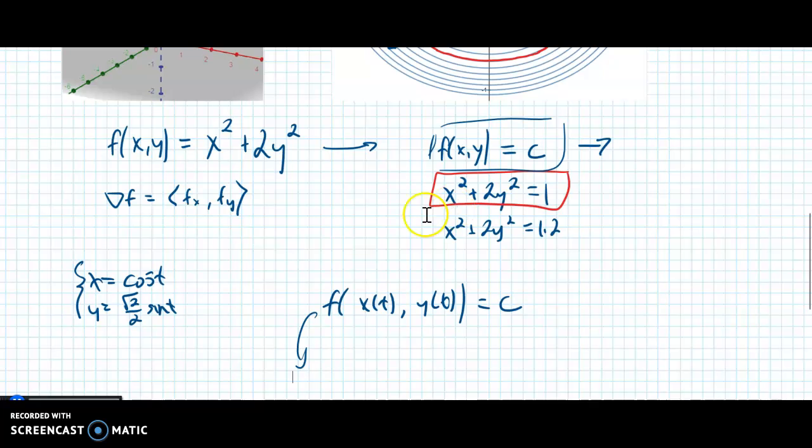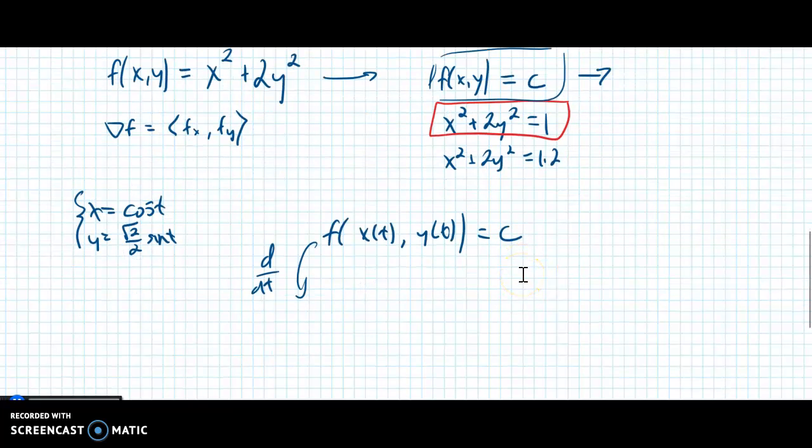So if I had f of x of t comma y of t equals a constant, arbitrary, that could be any contour line, any contour curve, any level curve. What I can do is derive that with respect to time. Now, this uses chain rule, but it's not the complicated one. It's a simple one. What do I get when I do this?